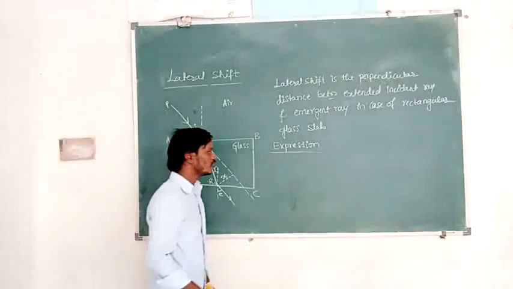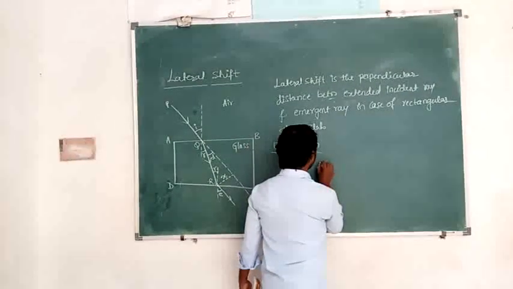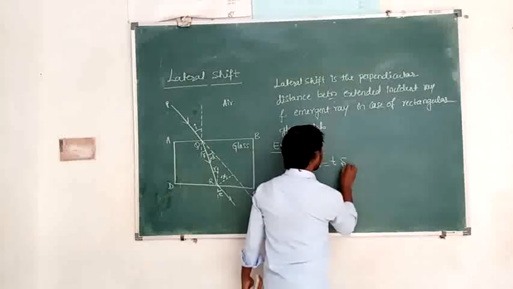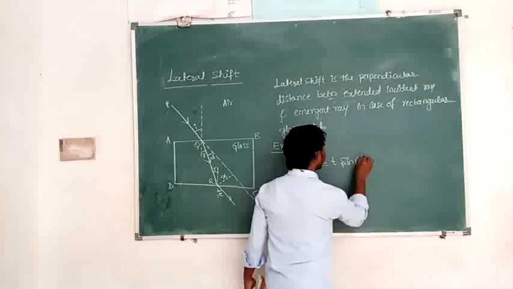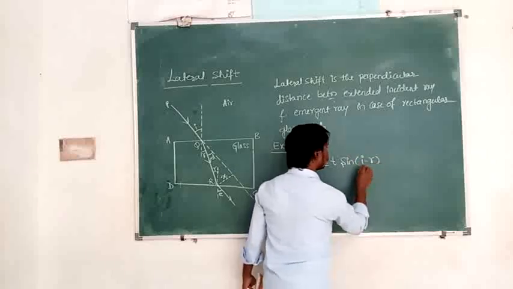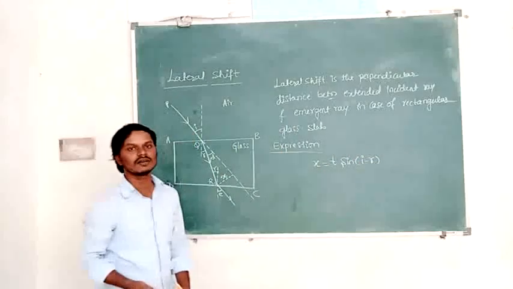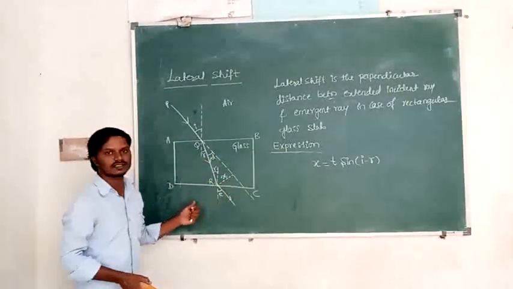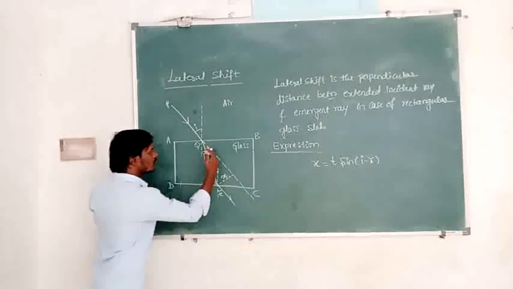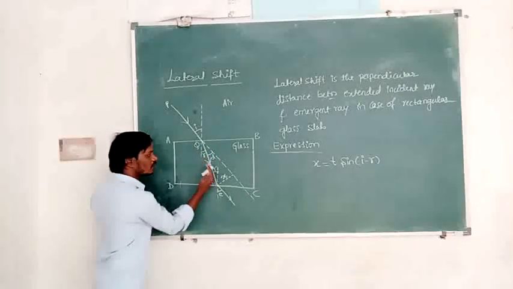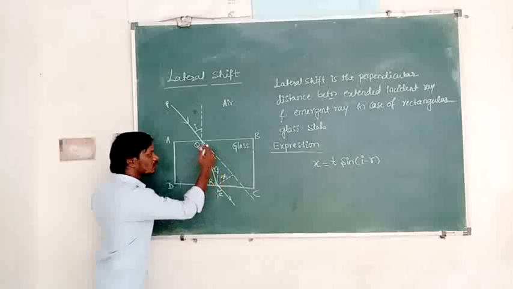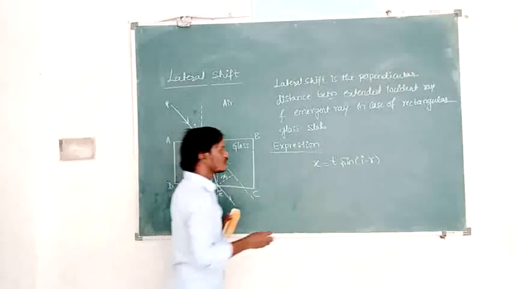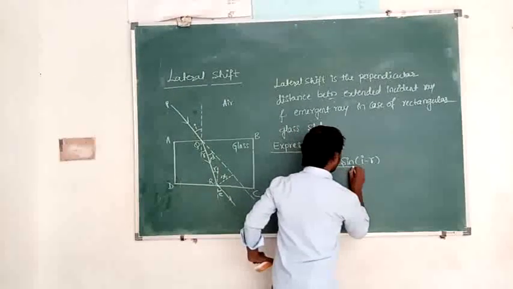Lateral shift is given by x equals t times sine of (i minus r), divided by cos r. What do we mean by i minus r here? i minus r is nothing but the angle of deviation. Due to the bending of light towards the normal there is an angle of deviation, and due to this angle of deviation there is a lateral shift.